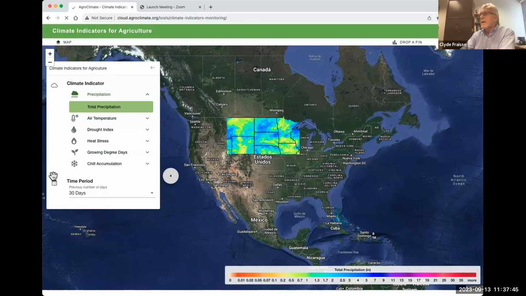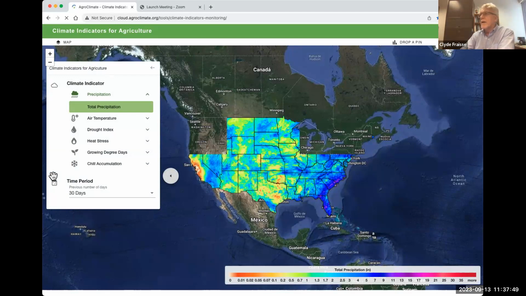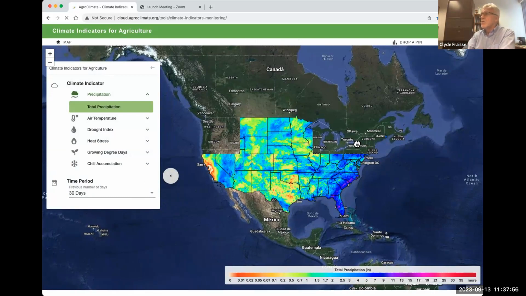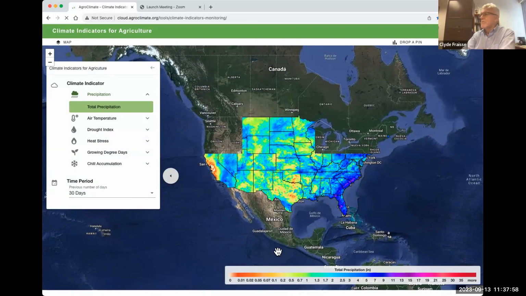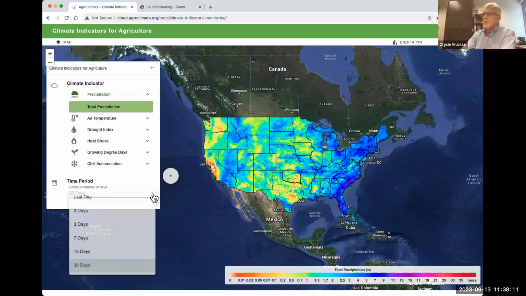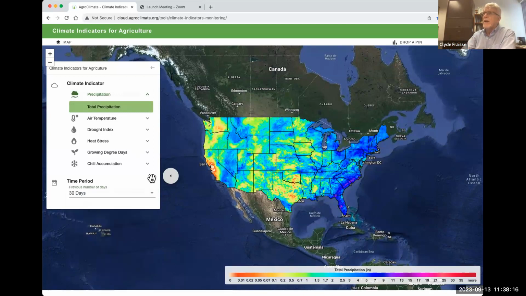It's a way that you can look at different variables in a mapping format or by dropping a pin, which gives you the ability to look at the temporal variability of the indicators at a specific latitude and longitude. It always defaults to the last 30 days, but you can choose other time periods that you want to look at.